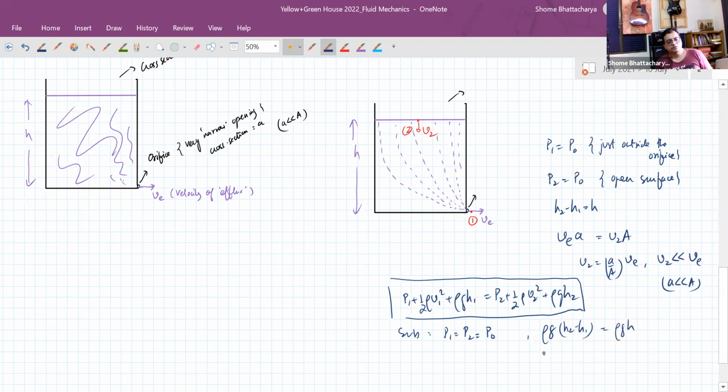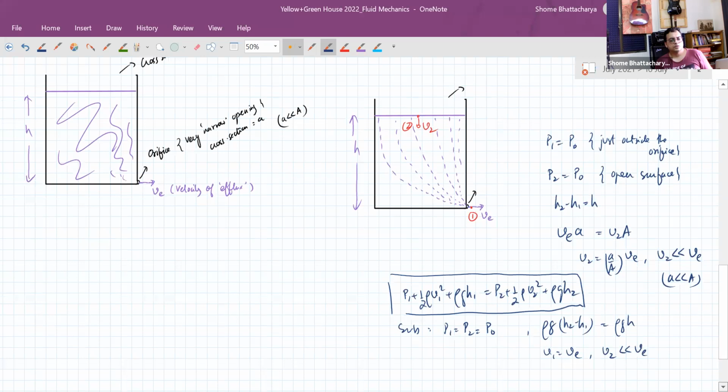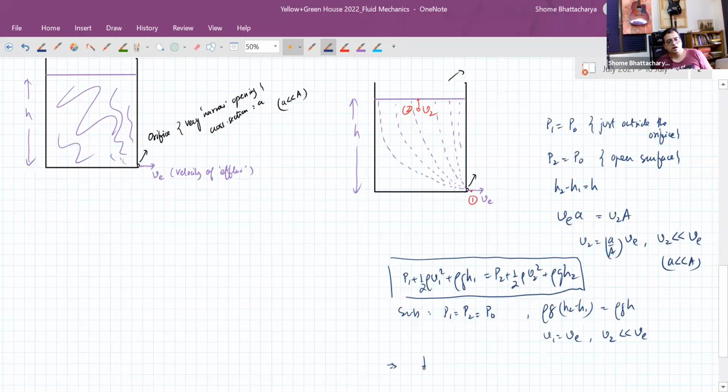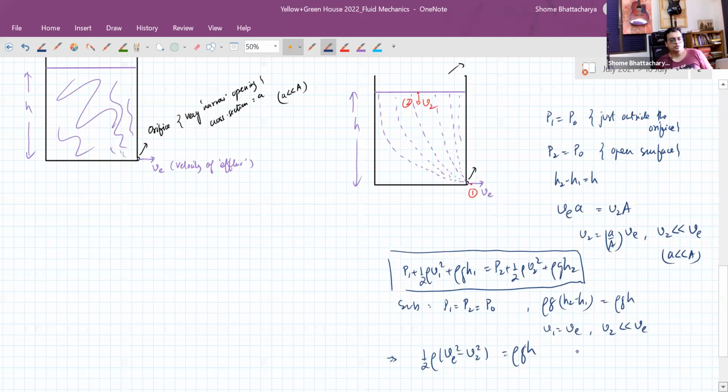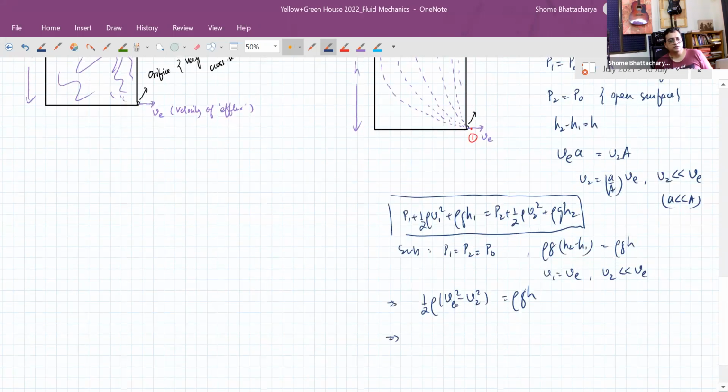Okay. V1 is equal to the efflux velocity and V2 is negligible compared to the efflux velocity. So we will now get this kind of relation, that half rho (efflux velocity square minus V2 square) is equal to rho g h. So now because of this, we will be able to neglect V2 square compared to VE square. So we can say half rho VE square is approximately equal to rho g h.